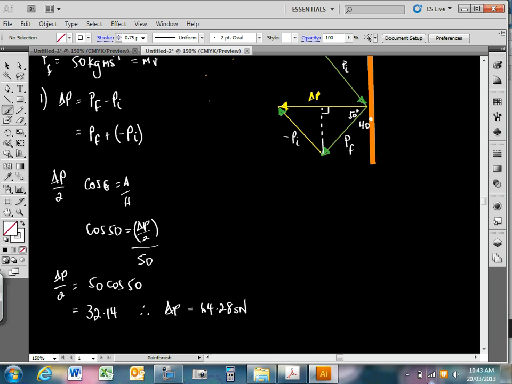It is a vector out from the wall, at 90 degrees to it.